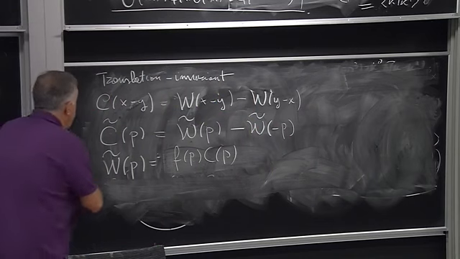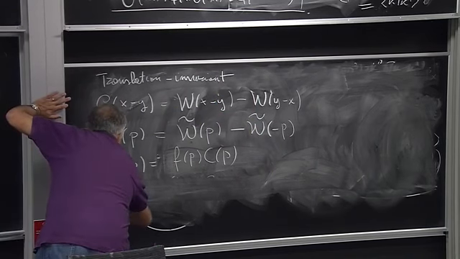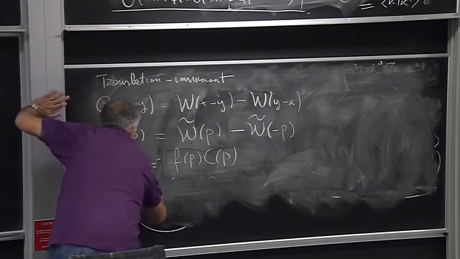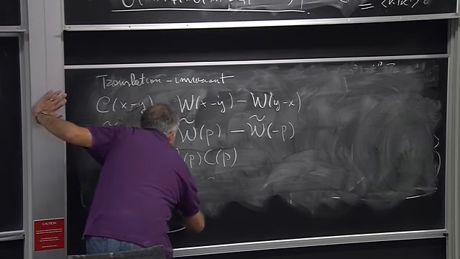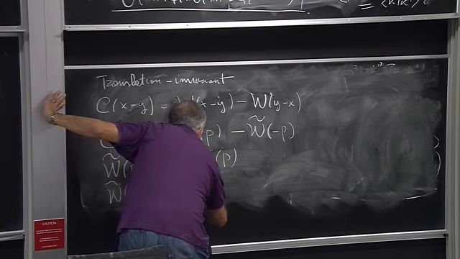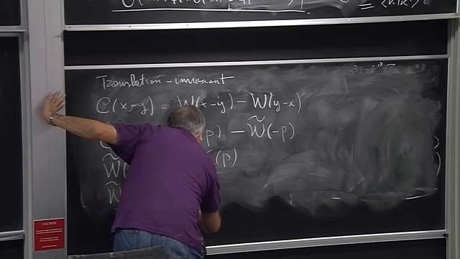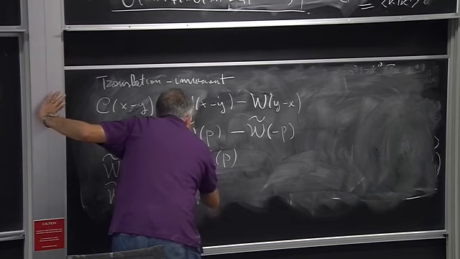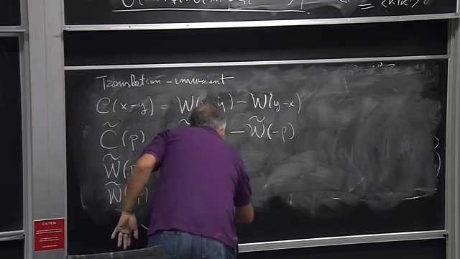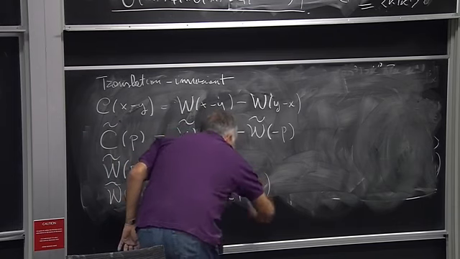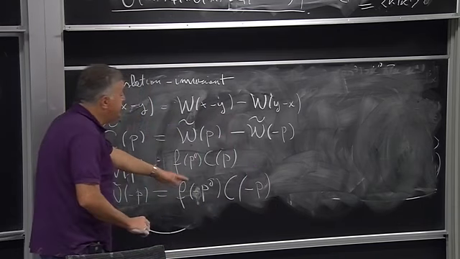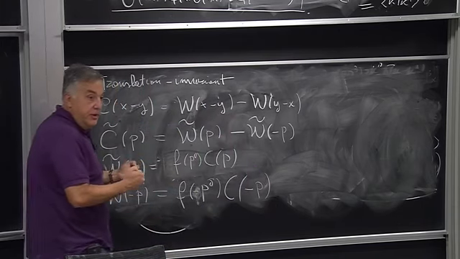So what is W of minus p? W of minus p is F of minus p0 times C of minus p. And C of minus p is minus C of p.